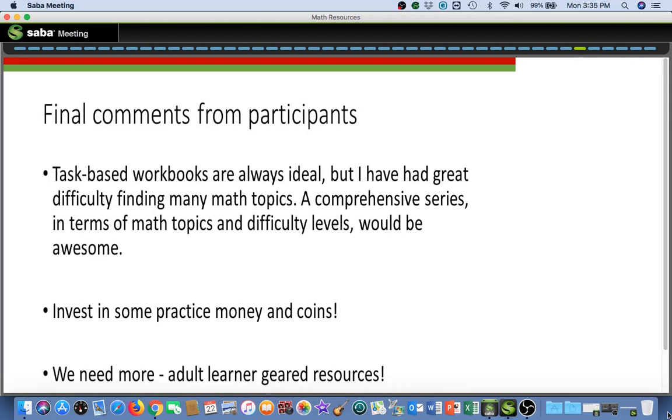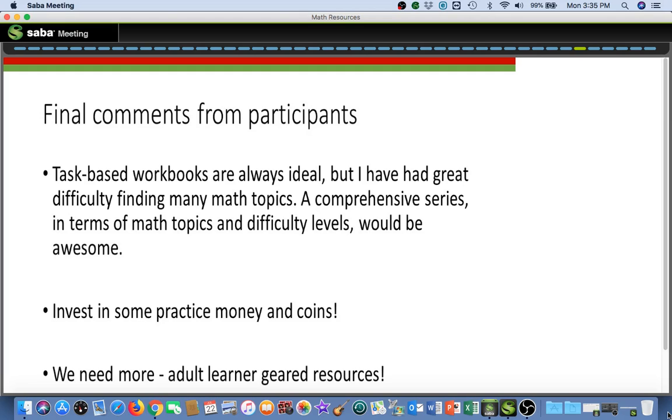Final comments included task-based workbooks are always great, but I've had great difficulty finding many math topics. A comprehensive series in terms of math topics and difficulty levels would be awesome. And I will add my own 2 cents here and say specifically for adult learners. That would be really great.